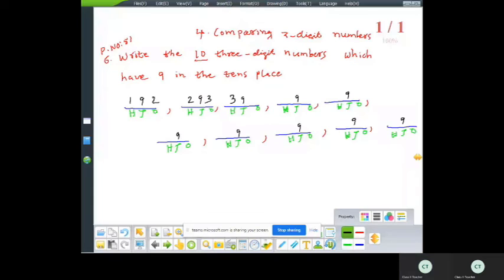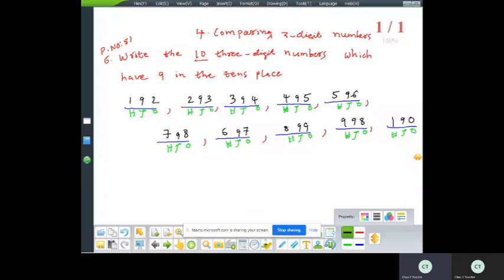394, 495, 596, 798, 697, 899, or 998, 190.